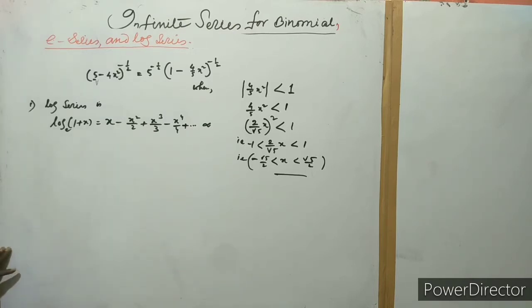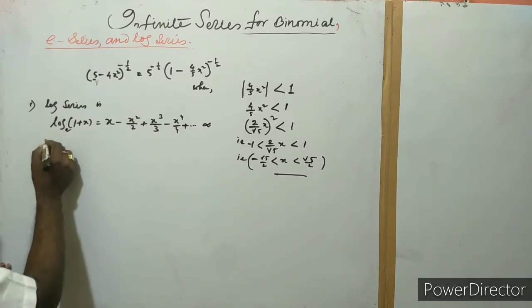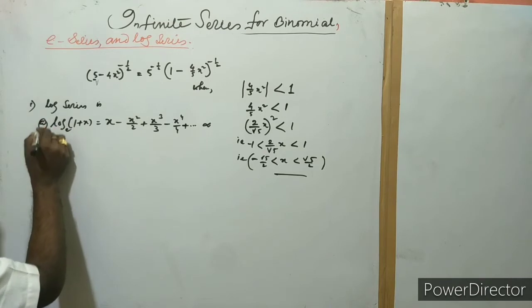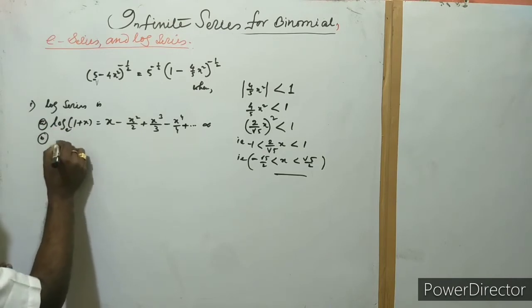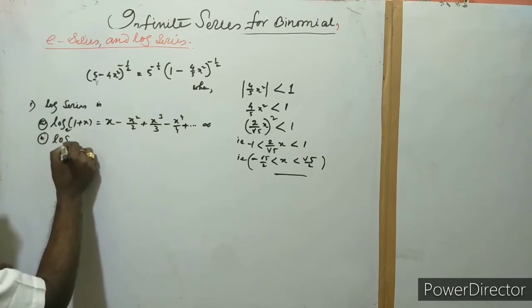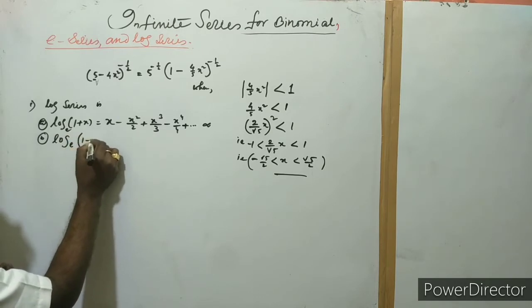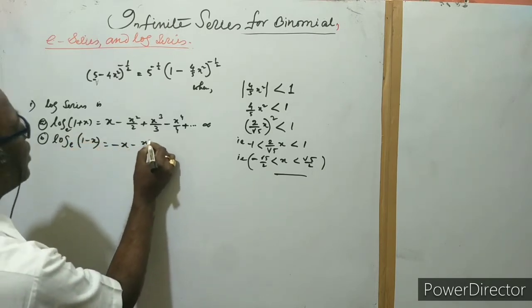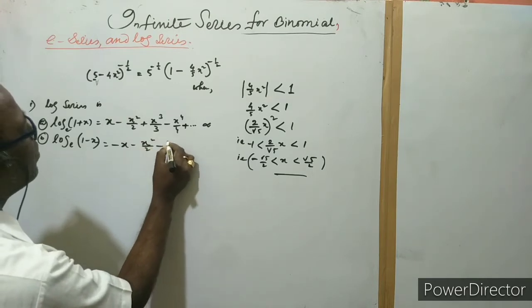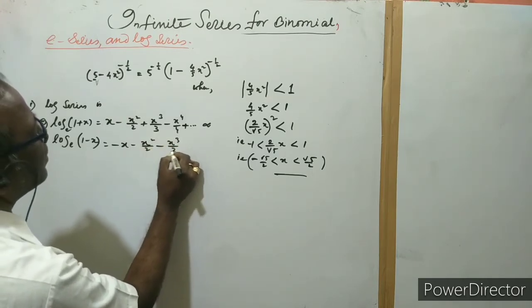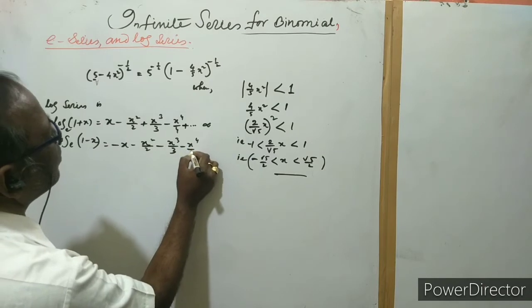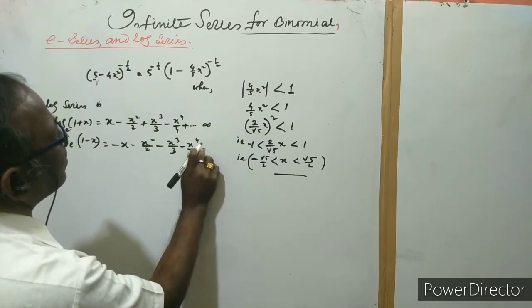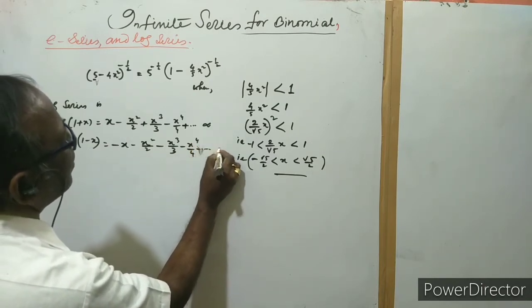This is A. Point B, in case there is minus x, then we get minus x minus x square by 2, minus x cube by 3, minus x to the power 4 by 4, and so on to infinity.